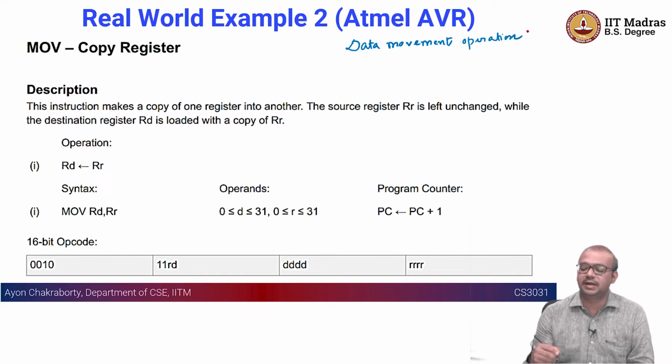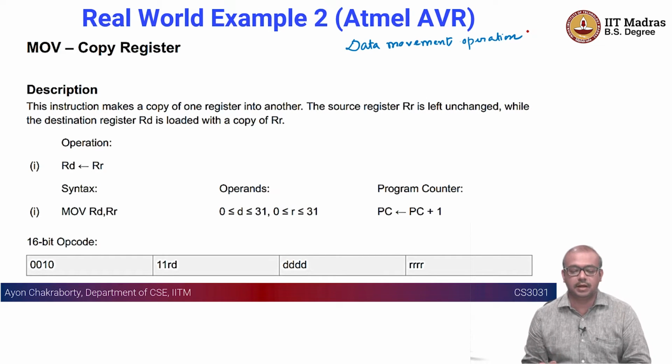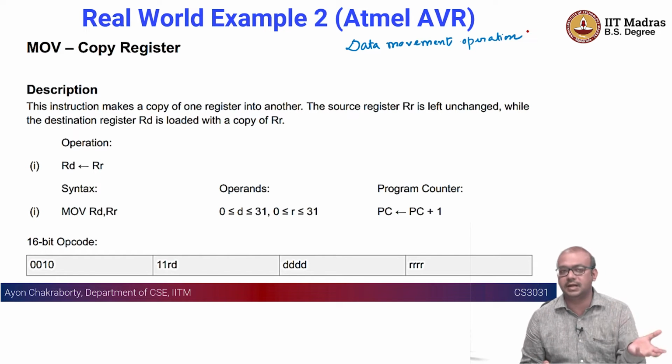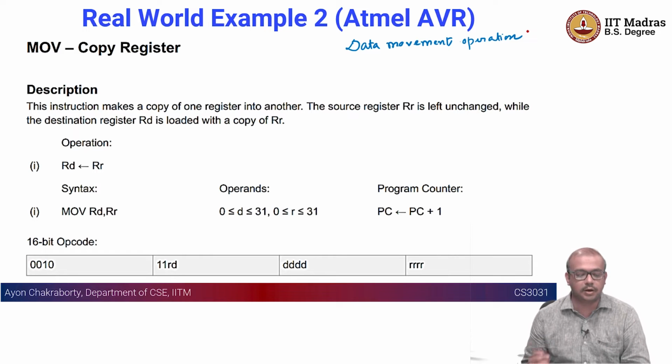They are not really doing any computation per se, but ferrying data around in the processor sometimes is extremely important because you do not have a lot of resources to keep the data locally. You need to move out data to make room for new data coming in. So you need to often swap out data and swap in data, right? So lots of data juggling instructions have been provided, and move is one of them.